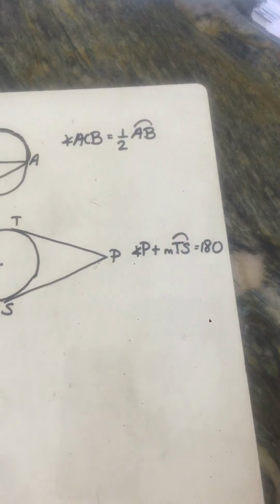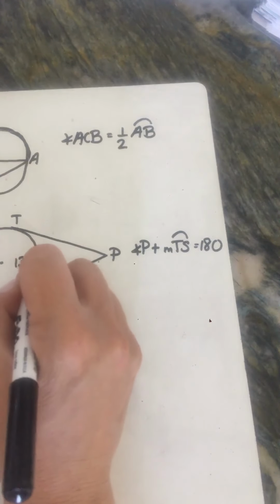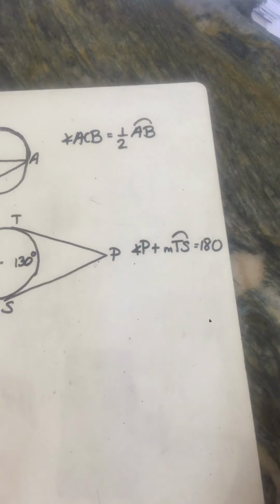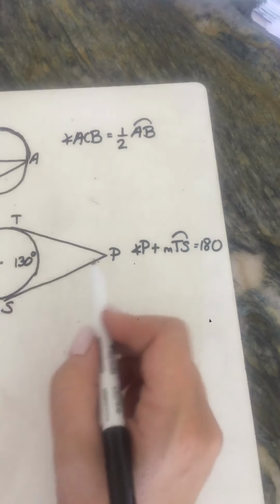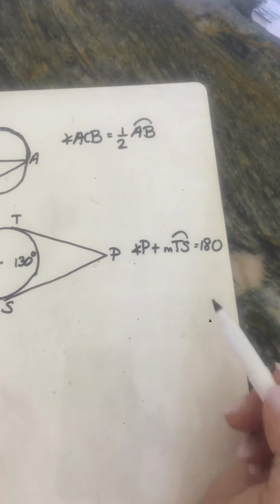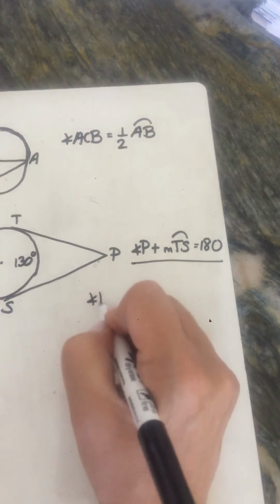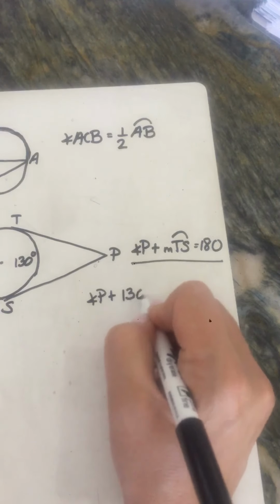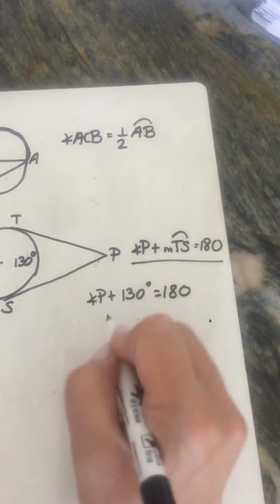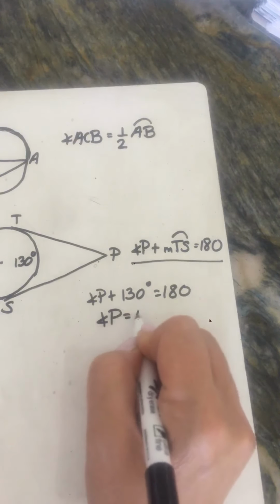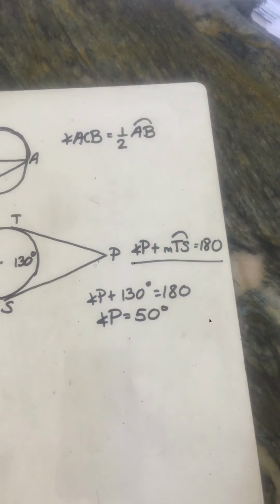That's super helpful. So if you know that TS is 130 degrees, how much will angle P equal? If this relationship is in place, you've got angle P plus 130 degrees equals 180. So angle P has to equal 50. See, that's kind of nice.